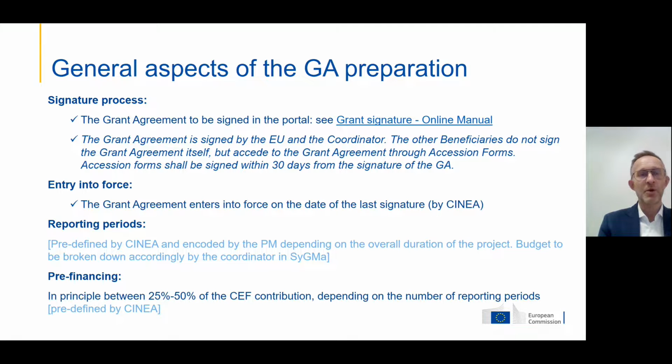There are some reporting periods which we have defined, and you will notice perhaps that they differ from what you put in your applications. Actually, these reporting periods are predefined by our agency, and the PM encodes them in the system.